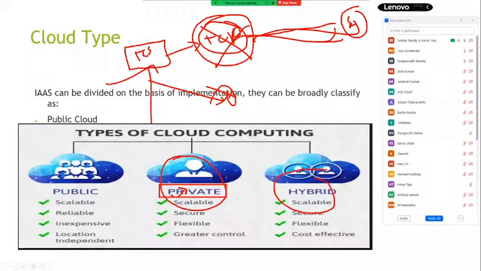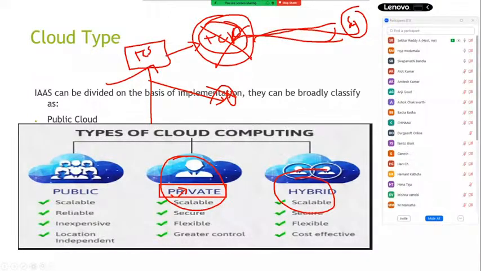Hybrid, you know, right? Hybrid is a keyword nowadays in IT; we keep hearing about the hybrid model. Hybrid means a combination of public and private. In the same way, in our generic words, 2 days work from home and 3 days work from office, the combination we call the hybrid model.